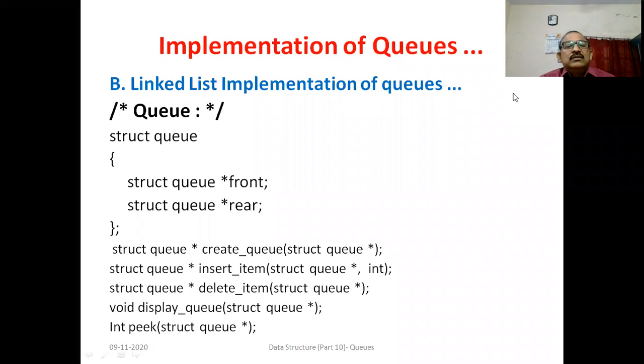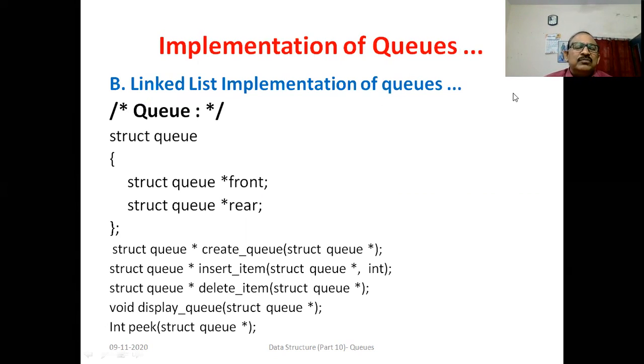Here you can see the struct queue. This structure has two pointer variables: struct queue star front, struct queue star rear. And these are the functions. Create queue, whose return type is struct queue, takes one parameter, struct queue.